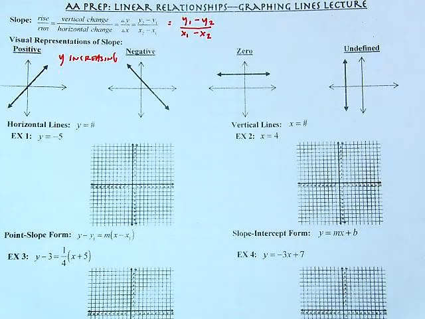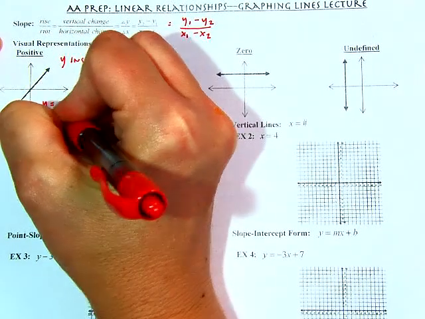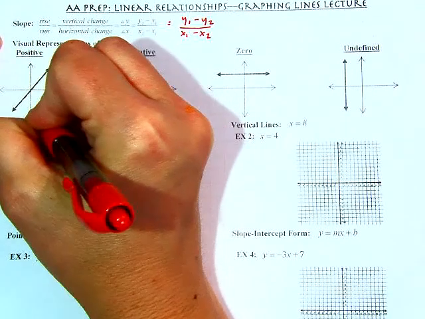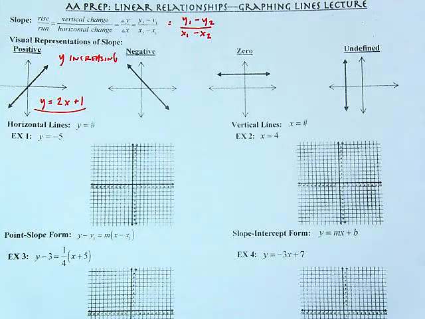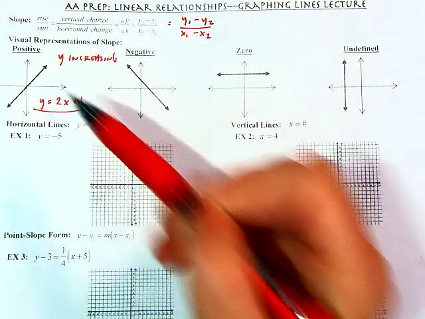An example of a line with a positive slope would be something like y equals 2x plus 1. This is slope-intercept form. The slope would be a positive 2.